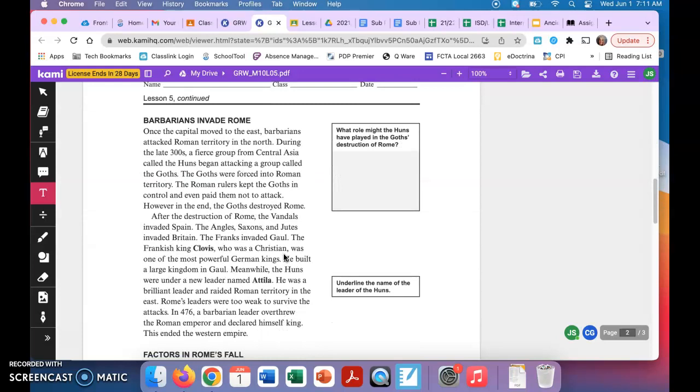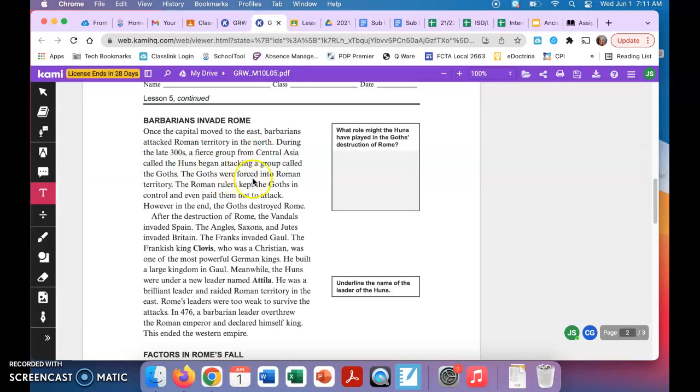On our next page, barbarians invade Rome. The first question is, what role might the Huns have played in the Goths' destruction of Rome? Once the capital moved to the east, barbarians attacked Roman territory in the north. During the late 300s, a fierce group from Central Asia called the Huns began attacking a group called the Goths.